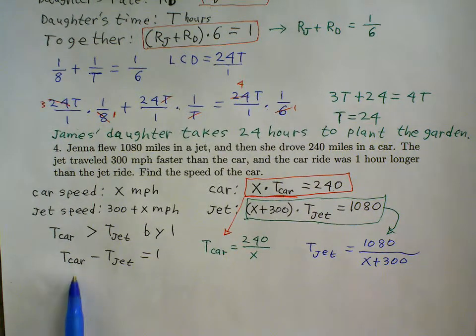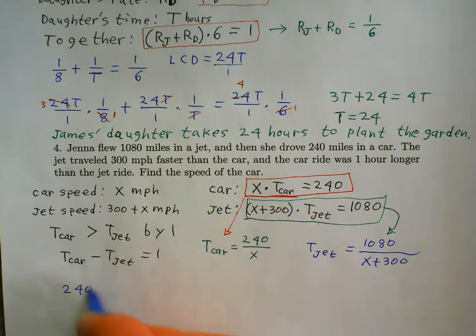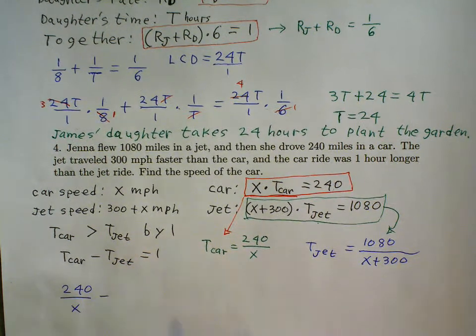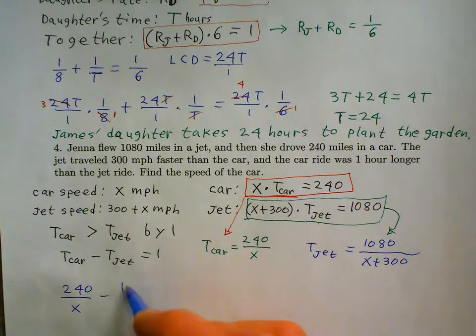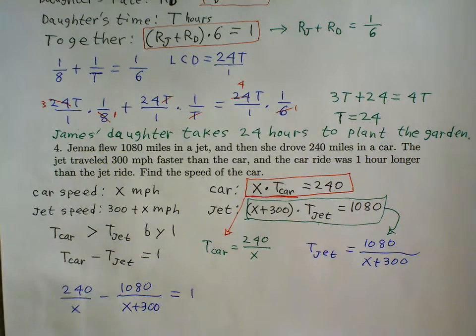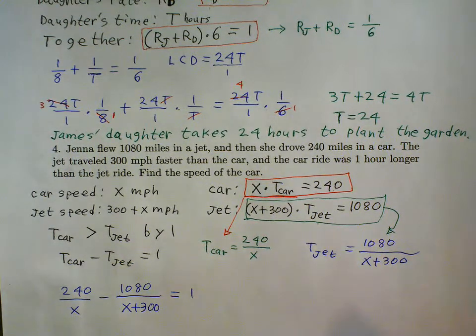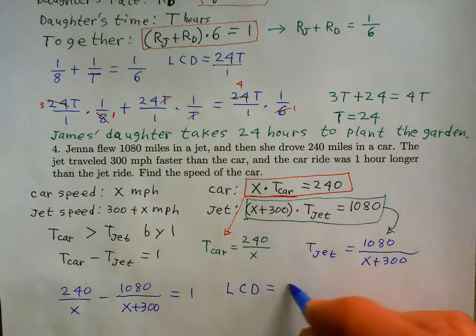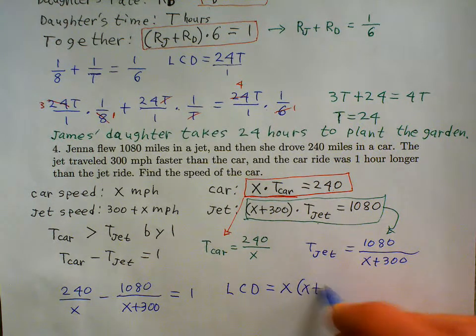Okay, then in this equation, replace t sub car with 240 over x. We subtract t sub jet, which is 1080 over x plus 300, and this equals 1. So then the least common denominator is x times x plus 300.